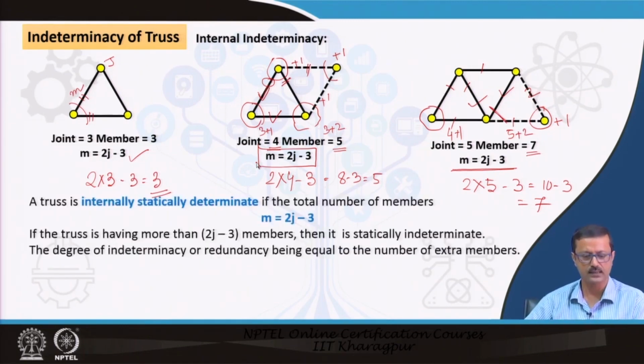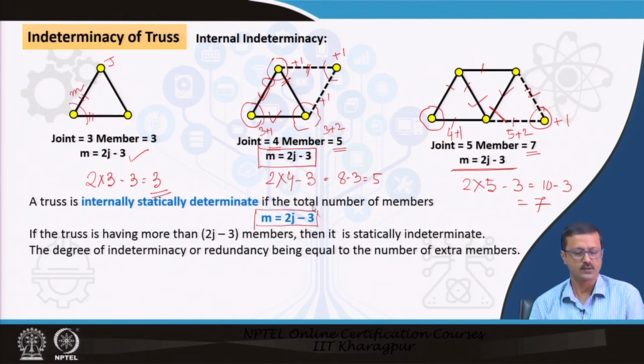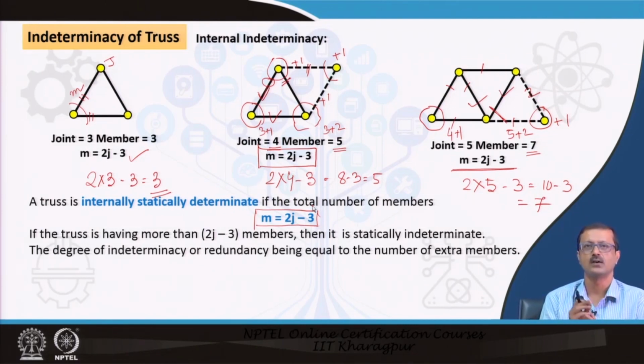So, we can say that the truss is internally statically determinate if this relation holds, m equal to 2j minus 3. If the truss has more than 2j minus 3 members, then you have a problem. Then somewhere internally we have to stop. You cannot find those forces by virtue of those equations.